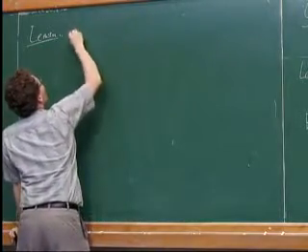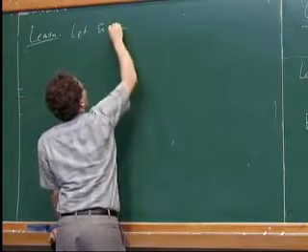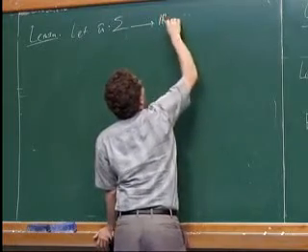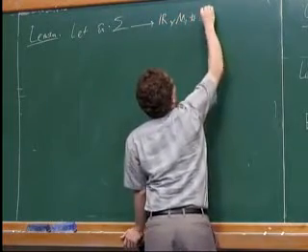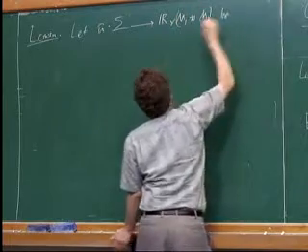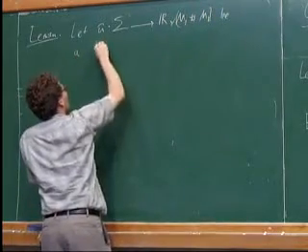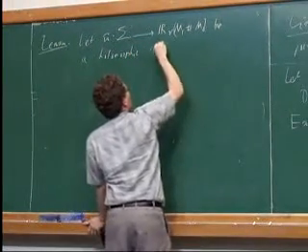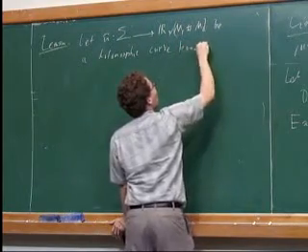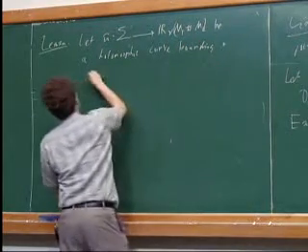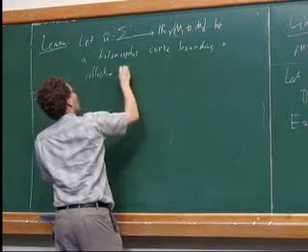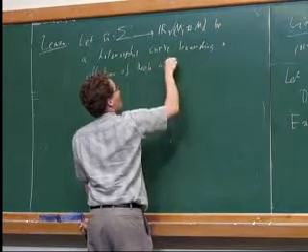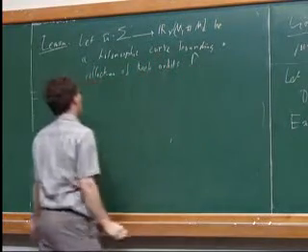So let U tilde, from some Riemann surface into R times M1 connected sum M2, be a holomorphic curve bounding a collection of Reeb orbits capital gamma.